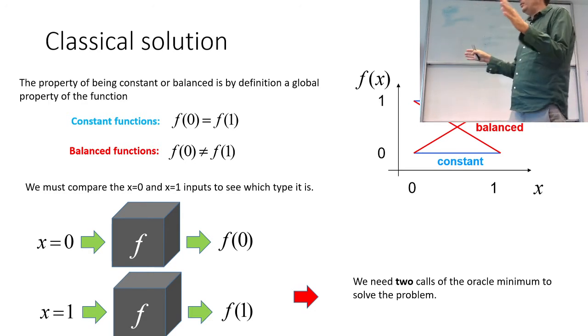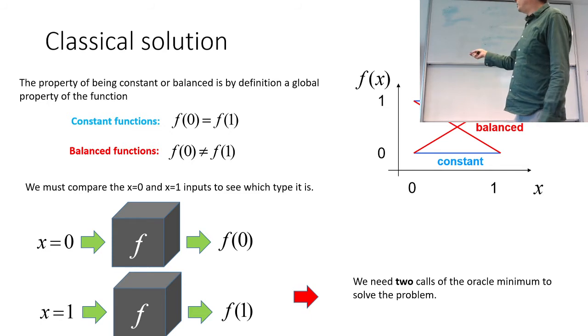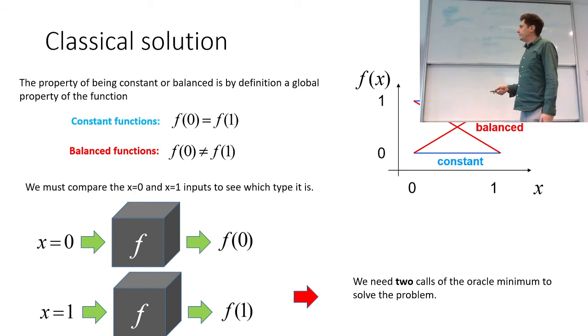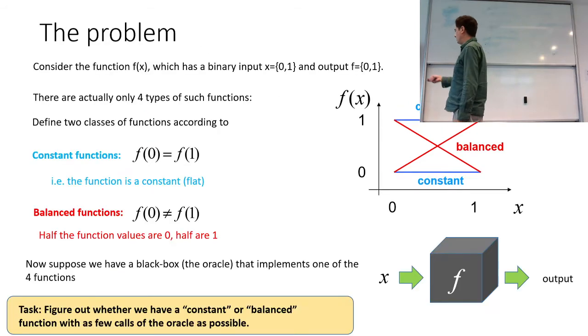So you definitely need to know the output for two of these points, because otherwise you have no chance of figuring out which group it's in, right? So it takes 2 calls of the oracle to figure out the answer to this task, this constant or balanced.